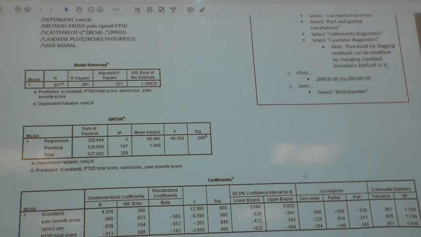What value is different than 0? What's this a test of? Of the regression model, yeah. And so we have a statistically significant model, but what is this a specific test of? Natural log of role functioning.